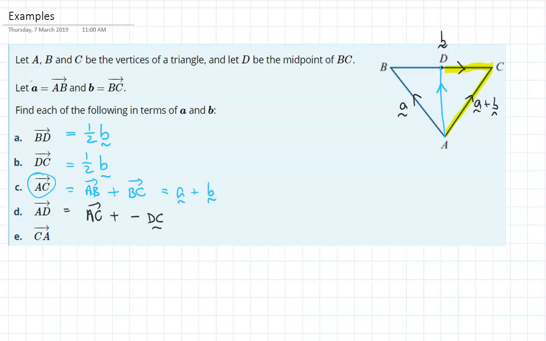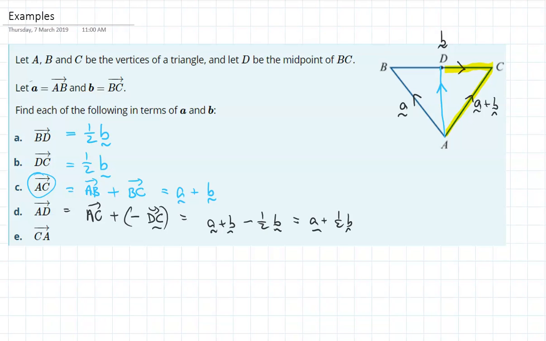Because DC has got the arrow pointing to the right, but I'm actually going the opposite direction. So that's going to be equal to a plus b. And then DC we identified up here in question B, so it's minus a half b. So a plus b minus a half b is a plus a half b.